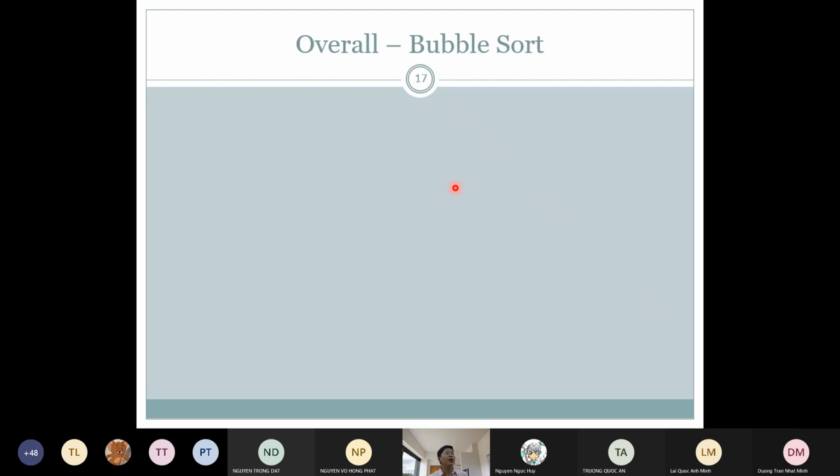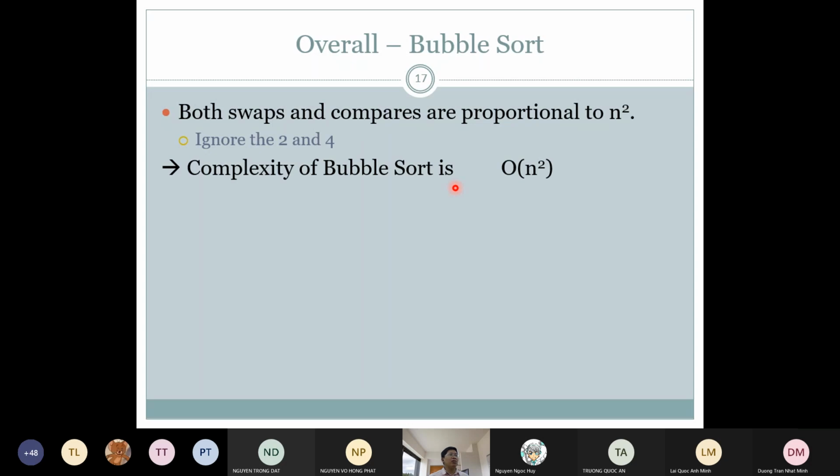So overall, you see that the swap and comparison count is proportional to n squared. That is what we can conclude as the complexity. So we say the complexity of bubble sort is n squared for that reason. Rather slow.